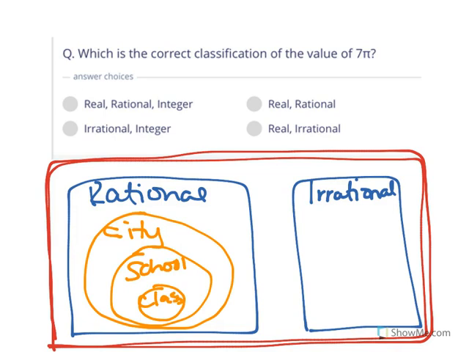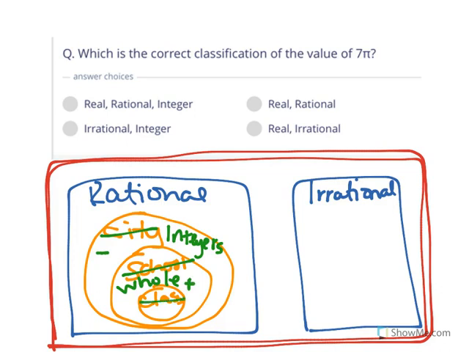Well, the city would be our integers, because integers are rational, but not all rational are integers. Our school would be our whole numbers, which are our positive integers, and the integers are the negatives.